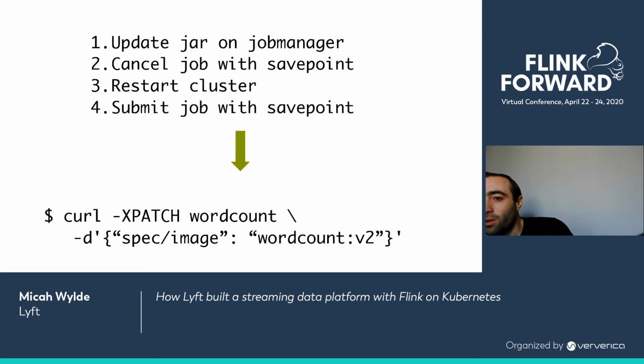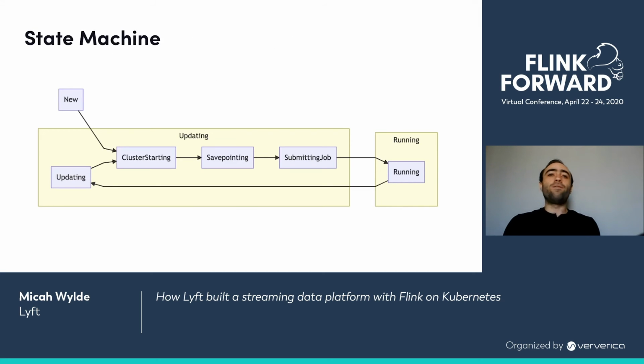In the background, the operator goes through a state machine to get the new job running with the new code. As part of this, we always start by bringing up all the resources for a new cluster, so we don't reuse our cluster. Kubernetes lets us treat infrastructure as ephemeral, so we always have new, clean infrastructure whenever we do a deploy.